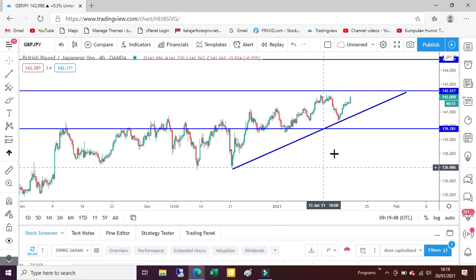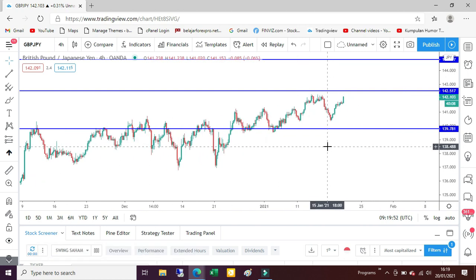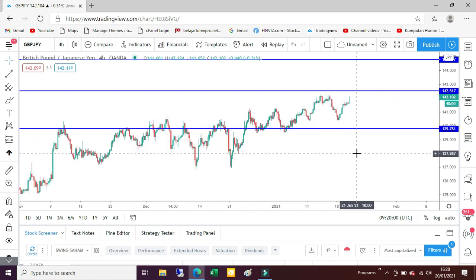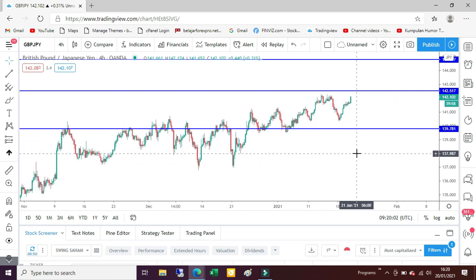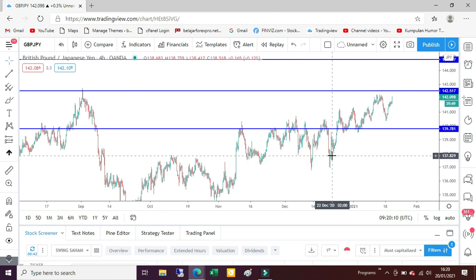Jadi sebaiknya teman-teman, kita lihat skenarionya. Now we see the scenario entry, buy or sell.